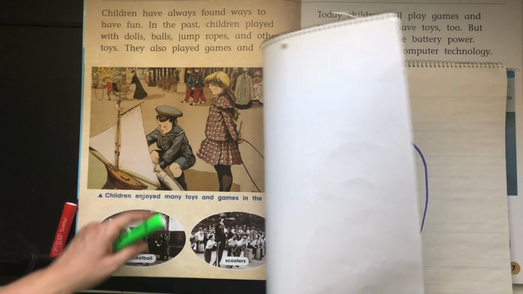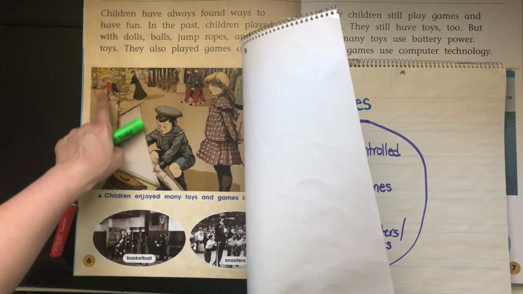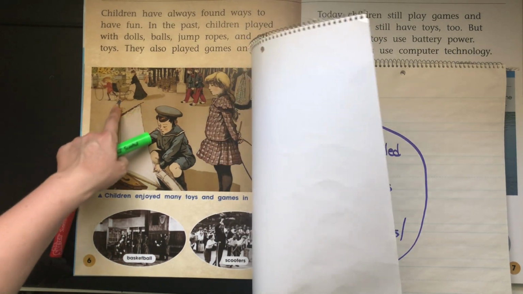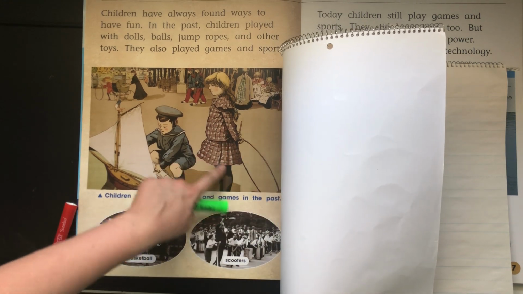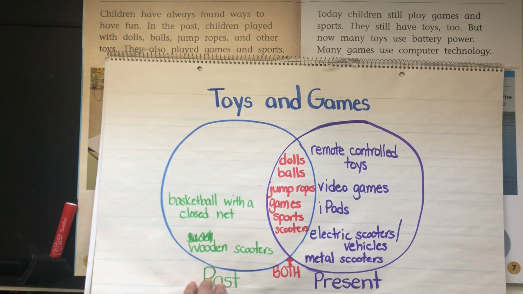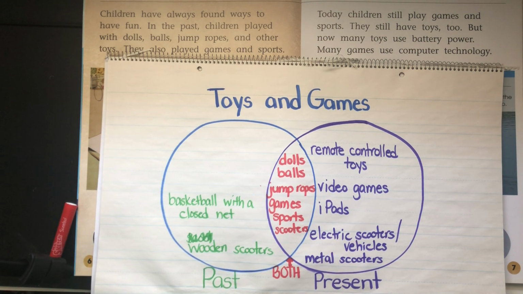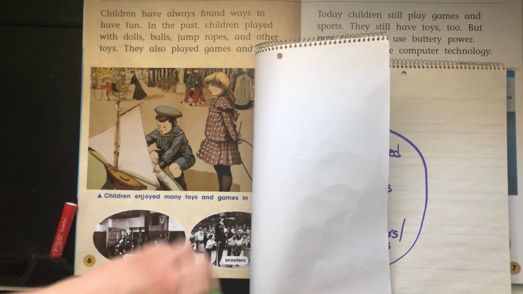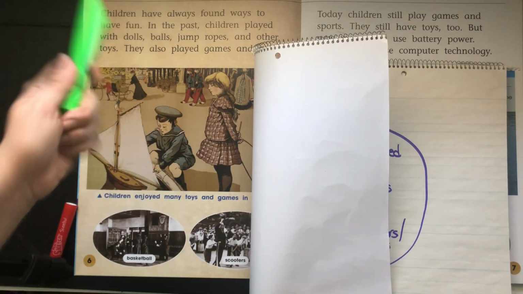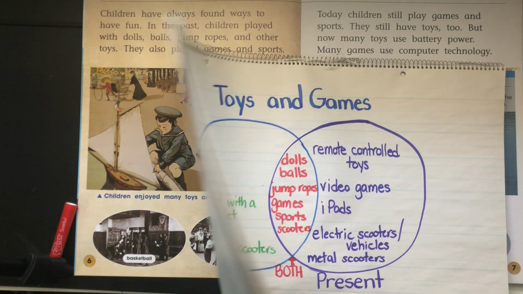Their scooters were wooden. Look at here. They're playing with a boat. In the background, this little girl, it looks like a hula hoop, what these girls are holding, love bugs, but it's not. This was a toy. It was just like a circle, and it was a wheel that they would just spin. And they would use a stick, like in the girl's hand, to have it stand up, and they would just kind of hit it and spin it.